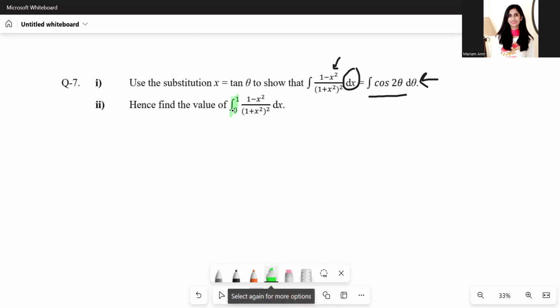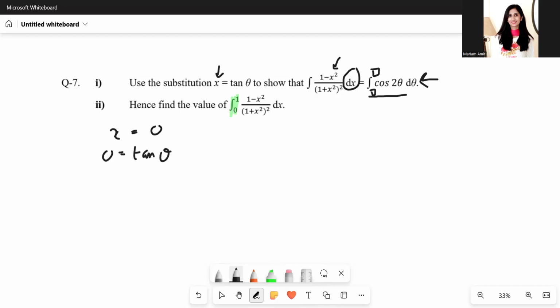We're going to change these into thetas and use those limits here and here. So when x is 0, that means 0 is equal to tan theta and theta will be equal to tan inverse 0, which is 0.